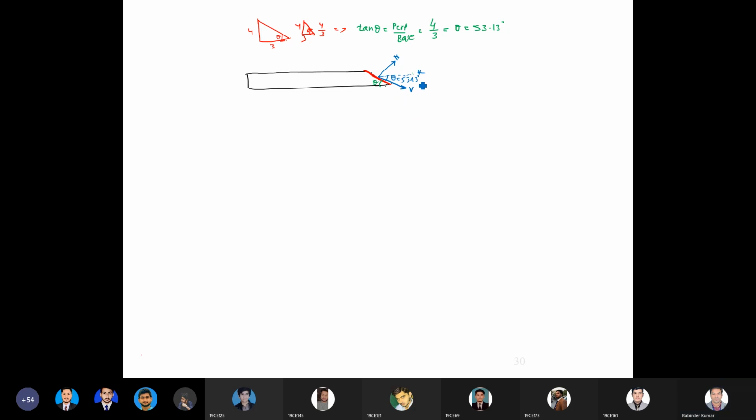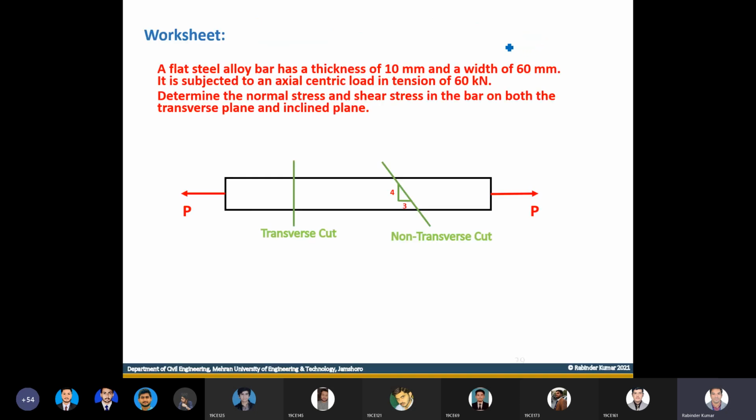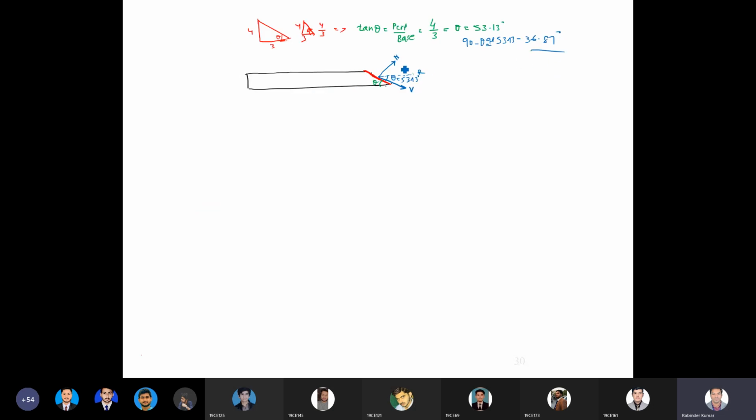It will be 90 minus theta. So this will be 90 minus 53.13, which is 36.87 degrees.